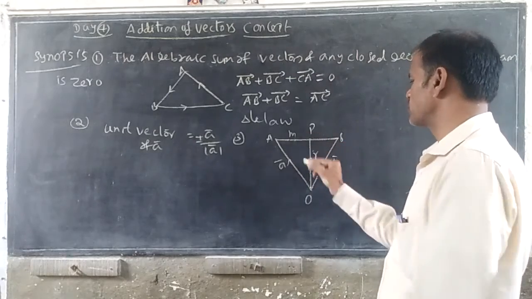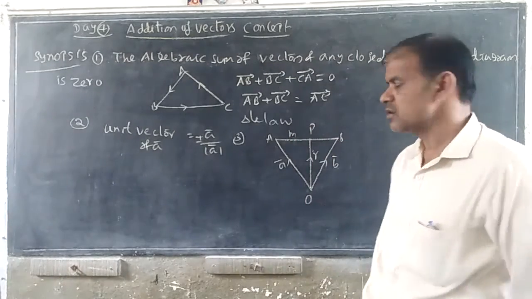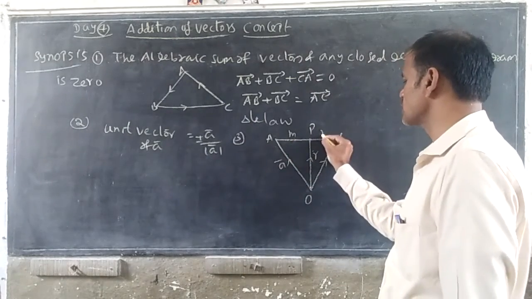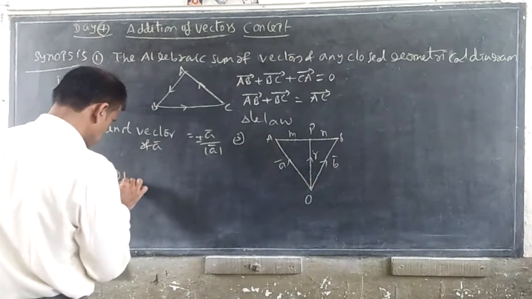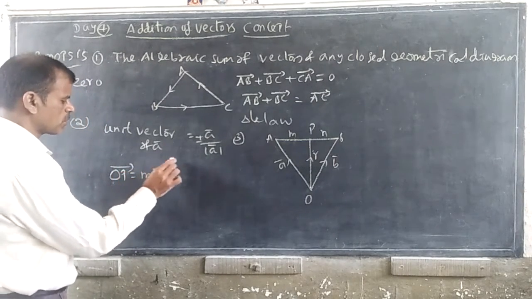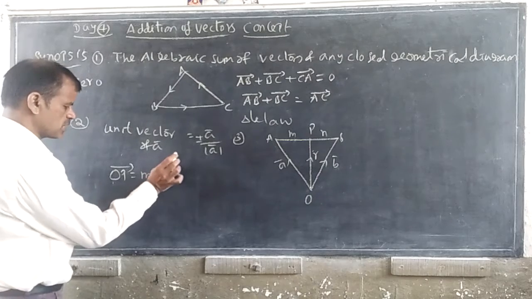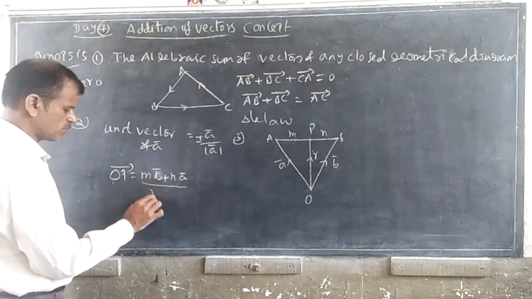If the point P, whose position vector OP is R bar, divides A and B in the ratio m is to n, then we can write OP bar is equal to (m B bar plus n A bar) by (m plus n).